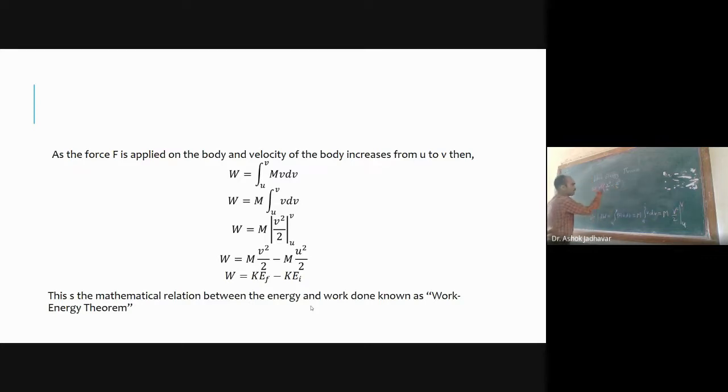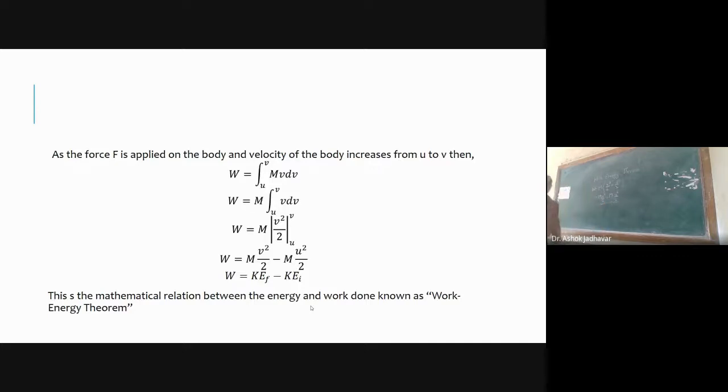And if I multiply this m inside, then I will get m v square by 2 minus m u square by 2. So if I look at this equation, what did I find? This is one kinetic energy, and this is also kinetic energy.